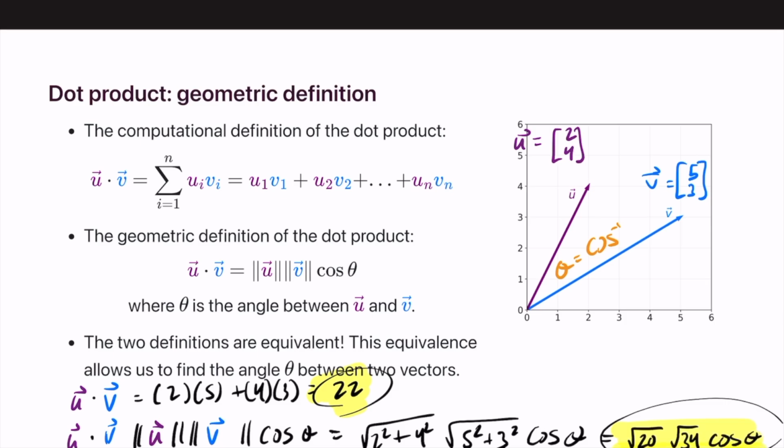This is what we want, and this is what we want, and we're going to equate them.